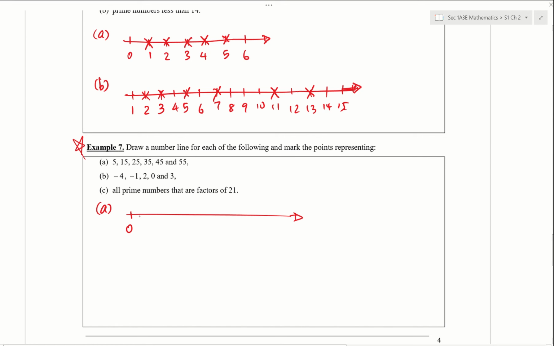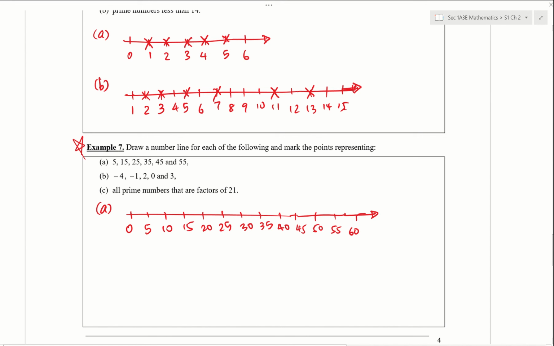Starting from, let's say, 0, 5, 10, 15, 20, 25, 30, 35, 40, 45, 50, 55, 60.